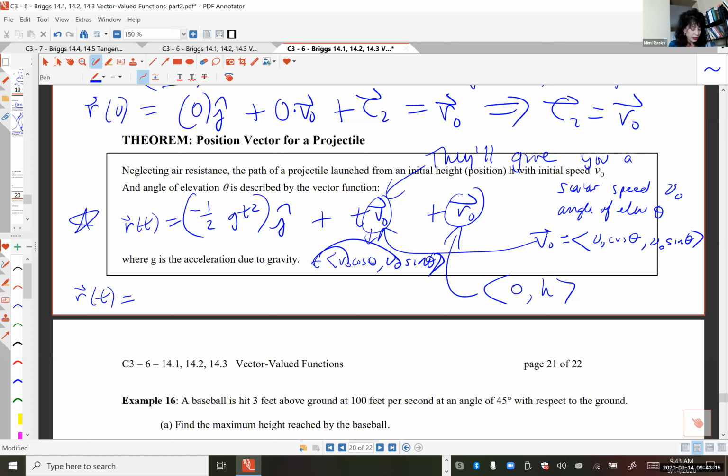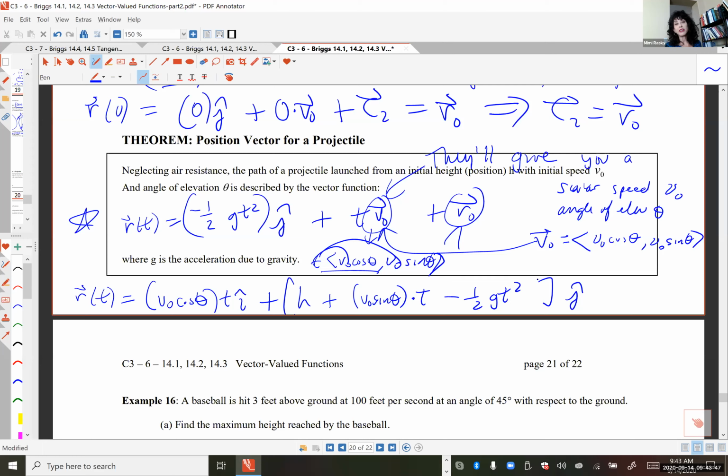I hope you can see that your only i hat term will be speed cos theta times t, that's your i hat, and then you'll have a whole bunch of jazz for your j hat. So I'm going to put that all here. Add it all together, you'll have h plus v naught sine theta times t minus 1/2 times gt squared, where g will either equal 32 or 9.8, depending on the problem.